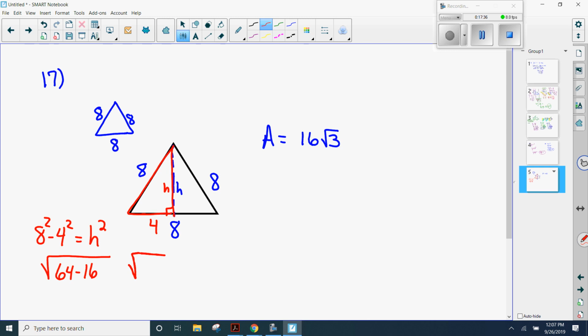You get the square root of 48, which is the square root of 16 times 3. 4 times 4 times 3. You have a pair. Bring out your pair, and you get 4 radical 3.